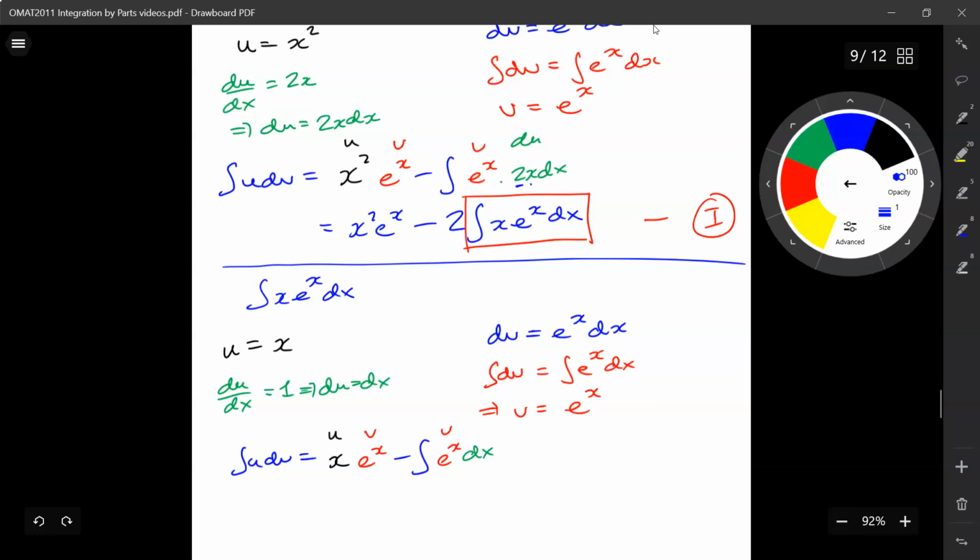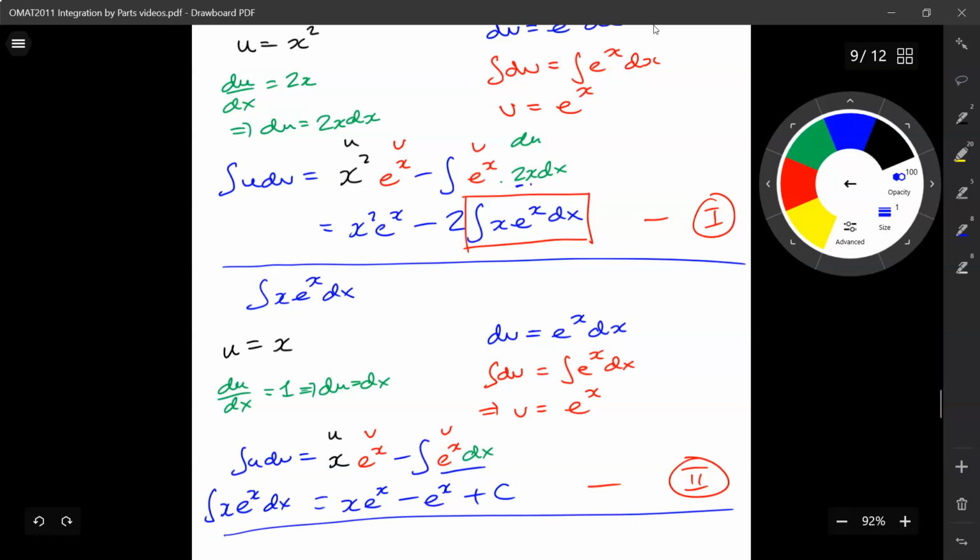So this time around we can integrate the term directly inside the integral, so it's exponential x plus our constant of integration. So this is our second formula here. This is the integral of x times exponential x dx. That gives us equation 2.